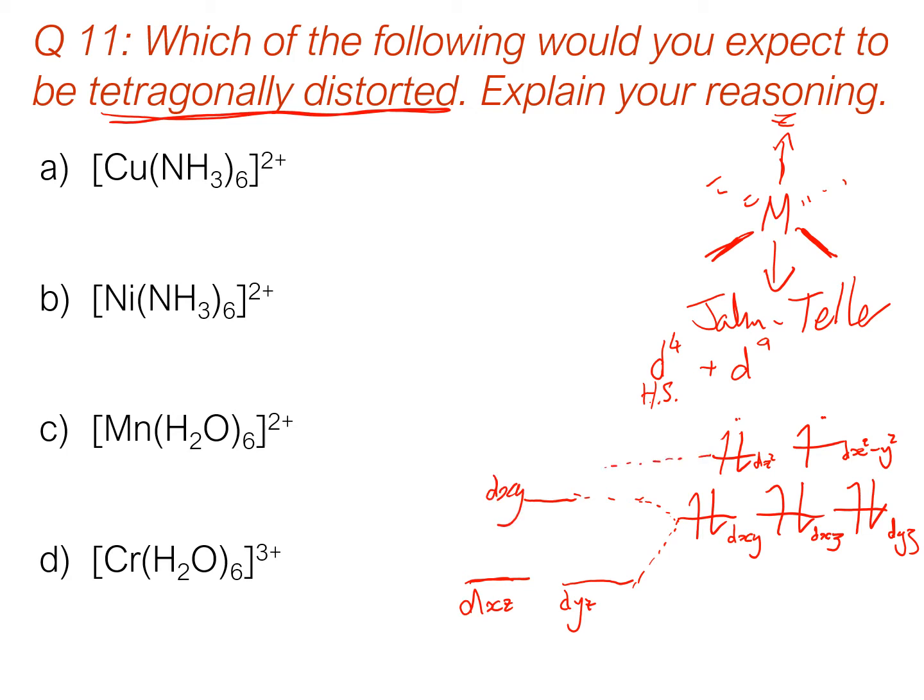This is not drawn to scale at all. The dz squared is again stabilized because it's got a z component, and these bonds along the z-axis have been lengthened to lower the interactions. And then the dx squared minus y squared is higher in energy again.